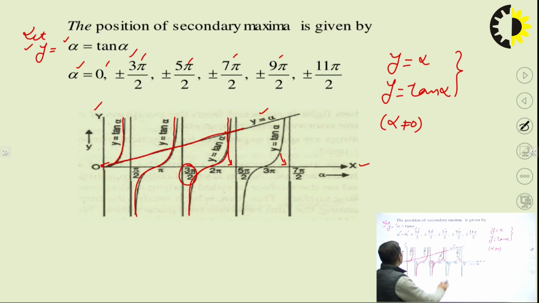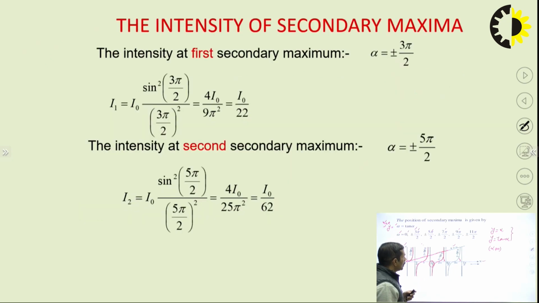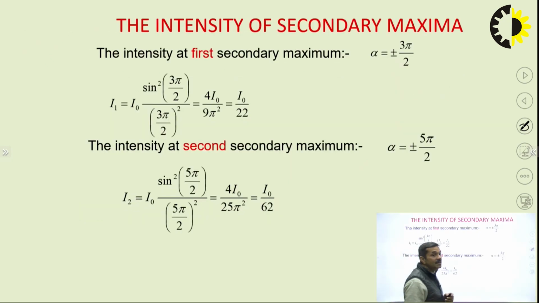So we have plus minus 3 pi by 2 for the first secondary maximum, alpha equal to plus minus 5 pi by 2 for the second secondary maximum, and so on. Now, to find the intensity at these secondary maxima, let us take the first secondary maximum, where alpha equal to 3 pi by 2.